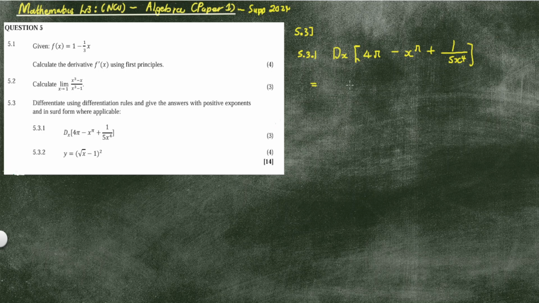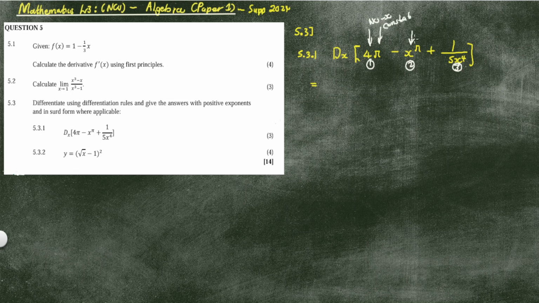Alright, so what you should take note of is that we are differentiating with respect to x. How many terms do I have? I have 1, 2, then 3 terms, right? For the first term, there is no x, so it's a constant.